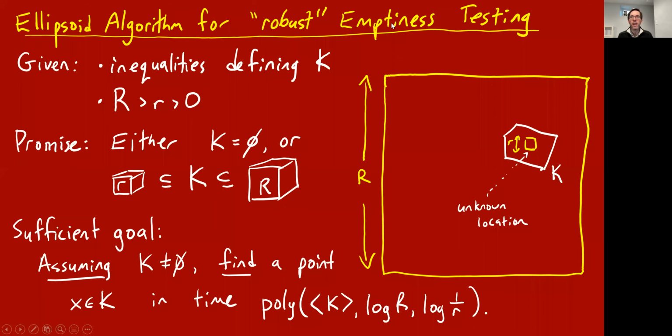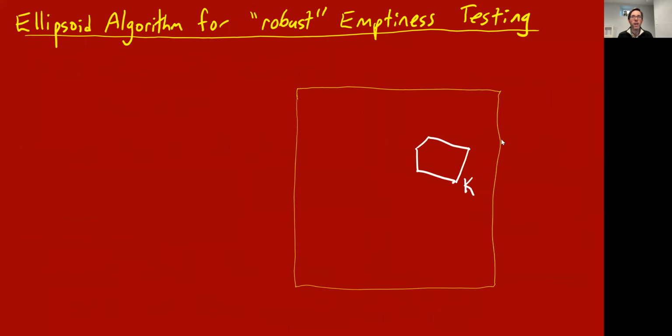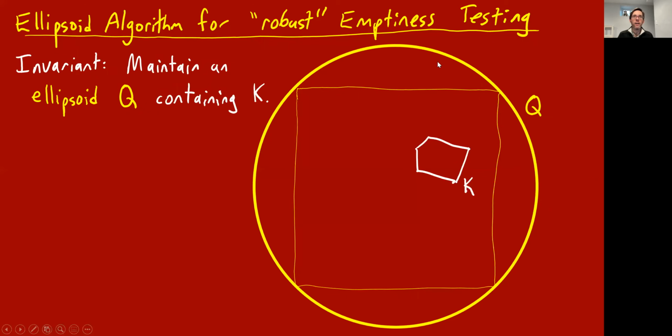Initially, we're promised K is inside a big box, but the first thing we do is weaken that assumption in our minds and pick the ball that contains this big box of side length capital R. The ellipsoid algorithm is iterative, and it always maintains some ellipsoid, like a stretched sphere, some ellipsoid Q, which is guaranteed to contain K. Remember, we're assuming K really does exist and is non-empty.